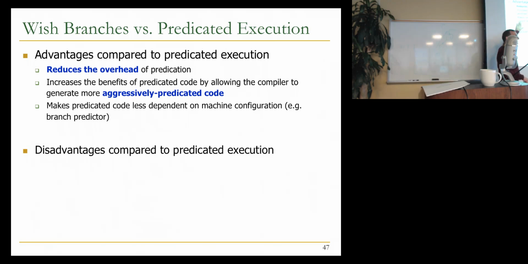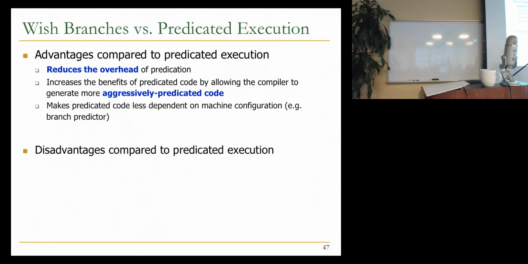And the other thing is, remember, predication actually is dependent on the machine configuration, right? A branch that is easy to predict in one generation may become hard to predict in another, depending on your branch prediction, and vice versa. And if the compiler predicated the code because the branch was hard to predict in one generation, in a later implementation, that branch may be easy to predict because you have a much better branch predictor, right, 5 years later.